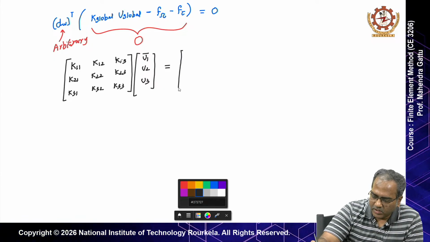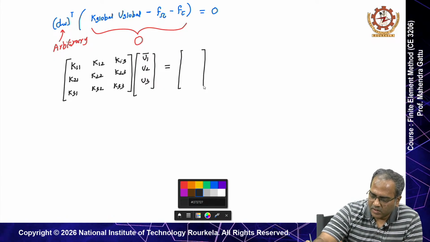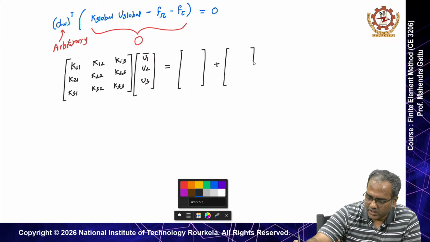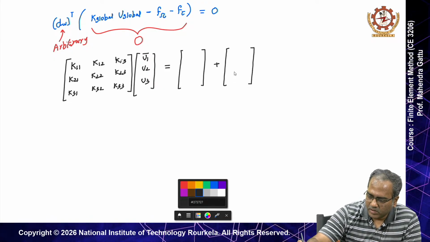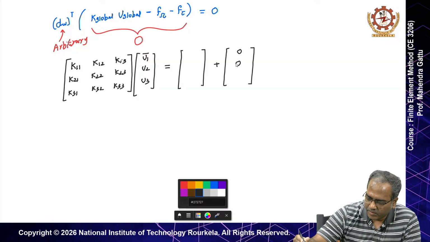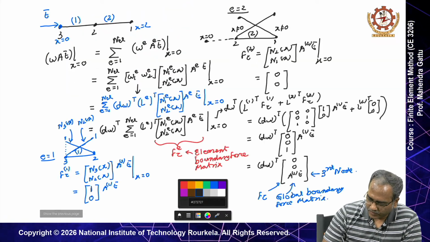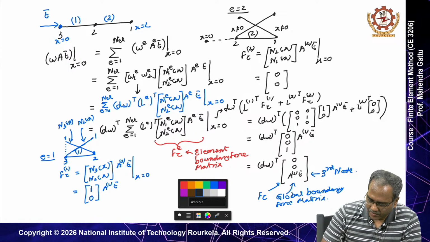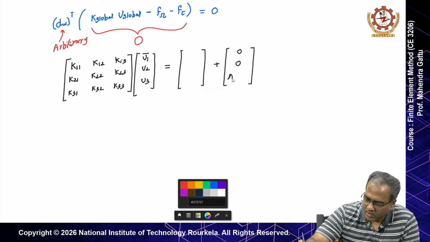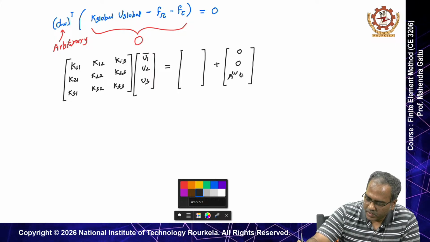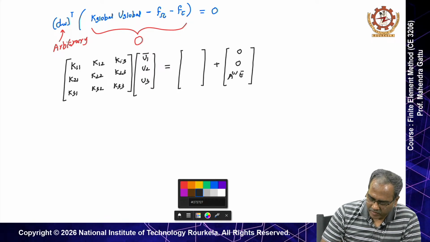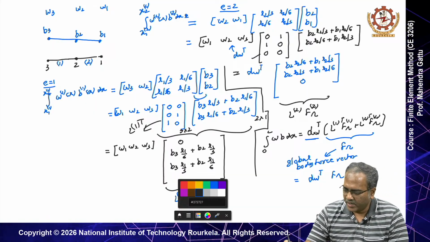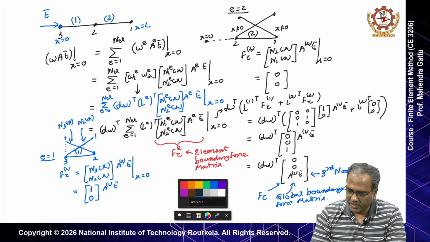So, what I had was a body force matrix plus a traction boundary condition, A1 T bar, and here we had the body force terms, which I'll write as F1, F2, F3.